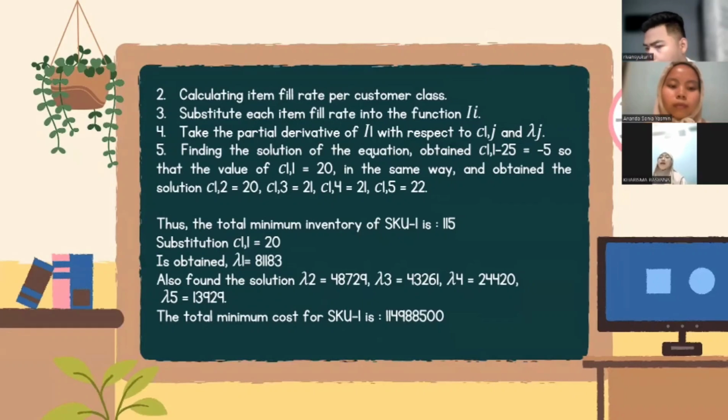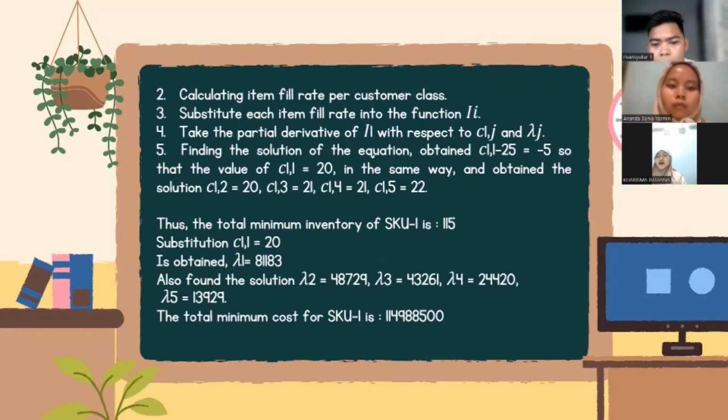To calculate item fill rate per customer class, 3, substitute each item fill rate into the function E. 4, take the partial derivative of E with respect to C, J, and lambda. 5, finding the solution of the equation, obtain C1 equals 20.